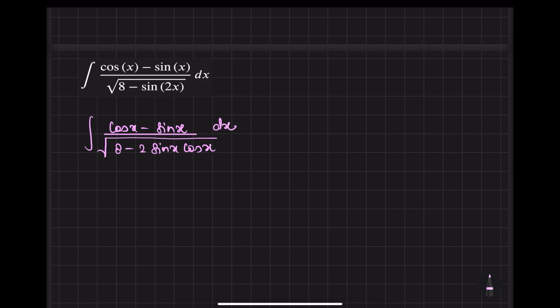If you will observe the denominator, sin and cos are together, and on the numerator you have created sin and cos as well. Okay. So what we should do, you know that I will be taking z as sin x minus, no, sin x plus cos x. So dz by dx will become what? dz by dx will become cos x minus sin x. Look at this.